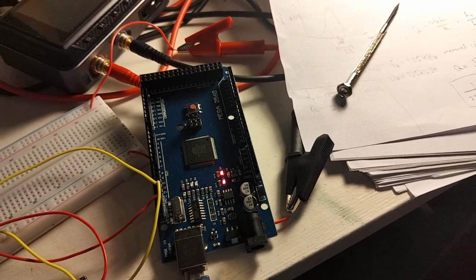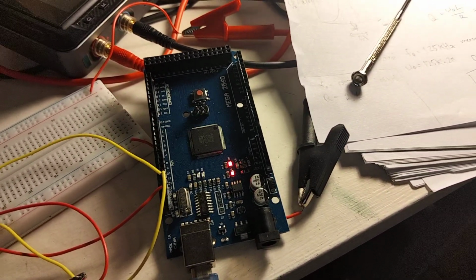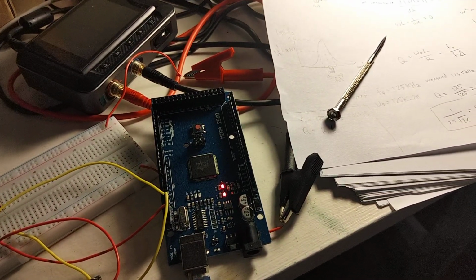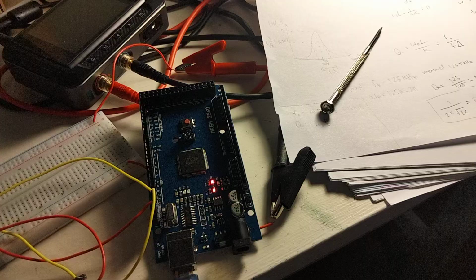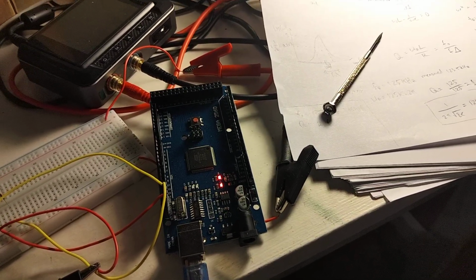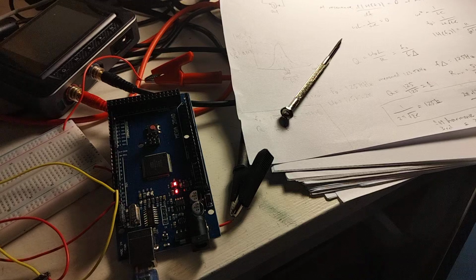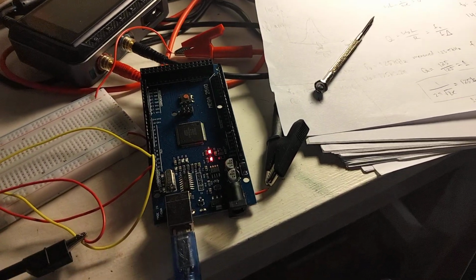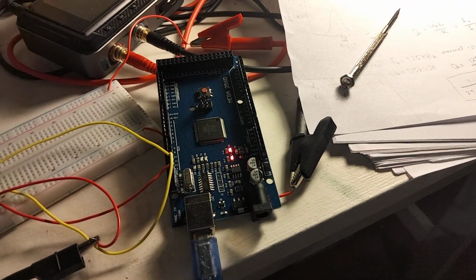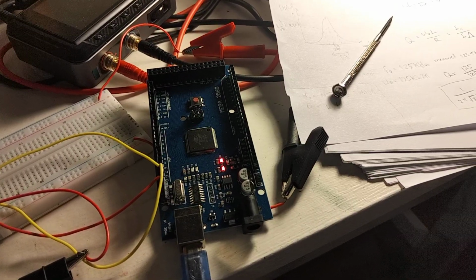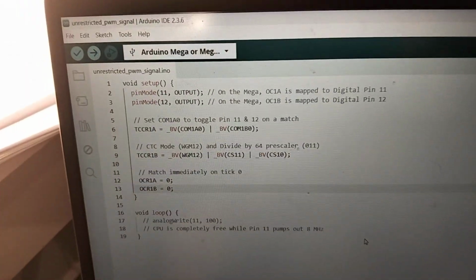But it doesn't run at the clock speed of the timers, because it has to leave some of the clock speed to set the PWM cycle itself. So even though 980 hertz is the maximum that you can get out of analogWrite, it's not the maximum that you can get out of the pins if you use the assembly. So that's essentially what I did.